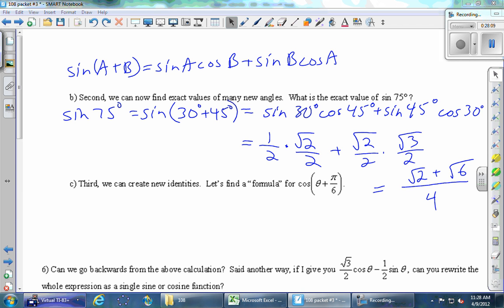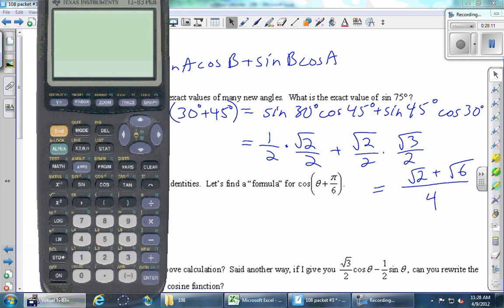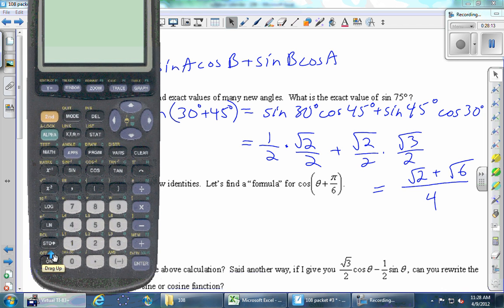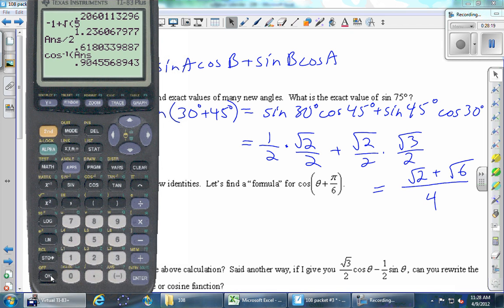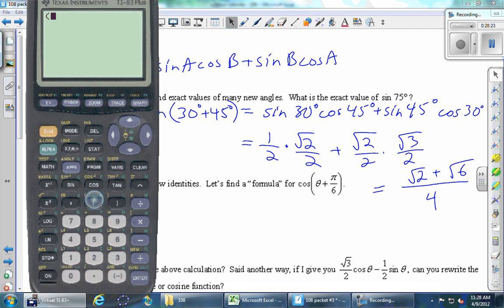And so if you wanted to, you could confirm your answer numerically on the calculator. So I can type in root 2 plus root 6, and then divide by 4.